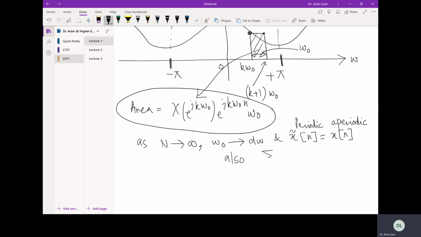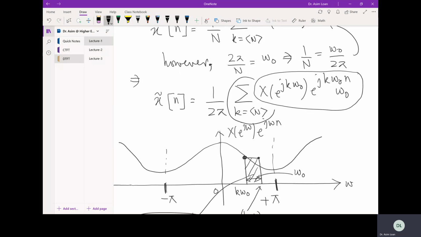This summation is over n values. Each width of omega naught is 2 pi by n. So n times 2 pi by n implies the integral is going to be over 2 pi.